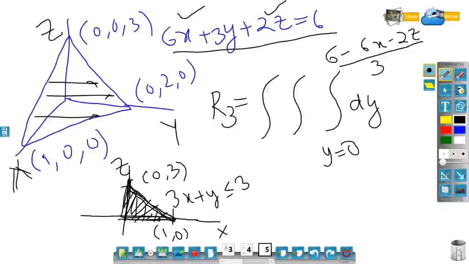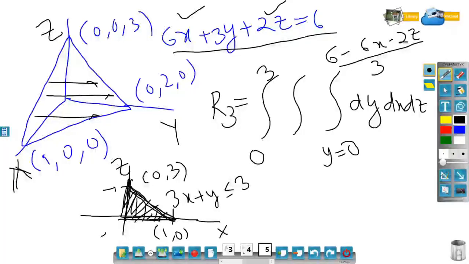Now here I have two choices, dx dz or dz dx. If I go with dx dz, let me write down that dx dz part. So z goes from 0 to 3, and for a horizontal line, my x will always start from 0 and end on that line 3x plus z equal to 3.